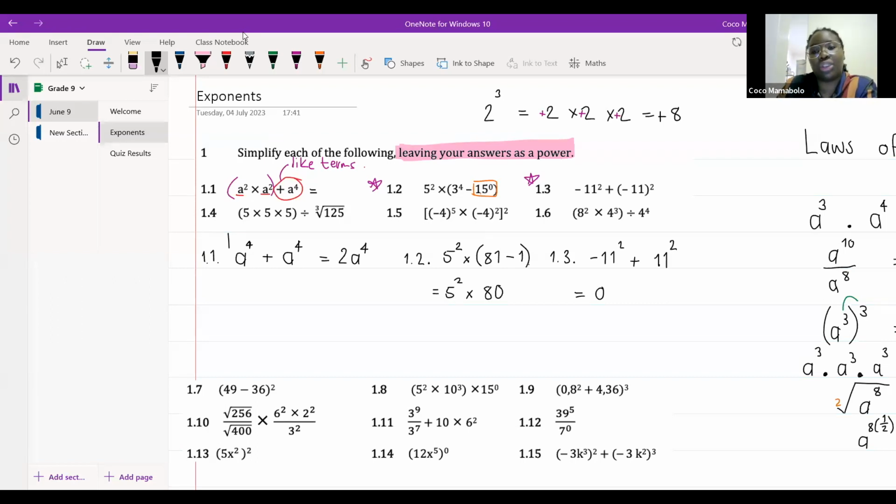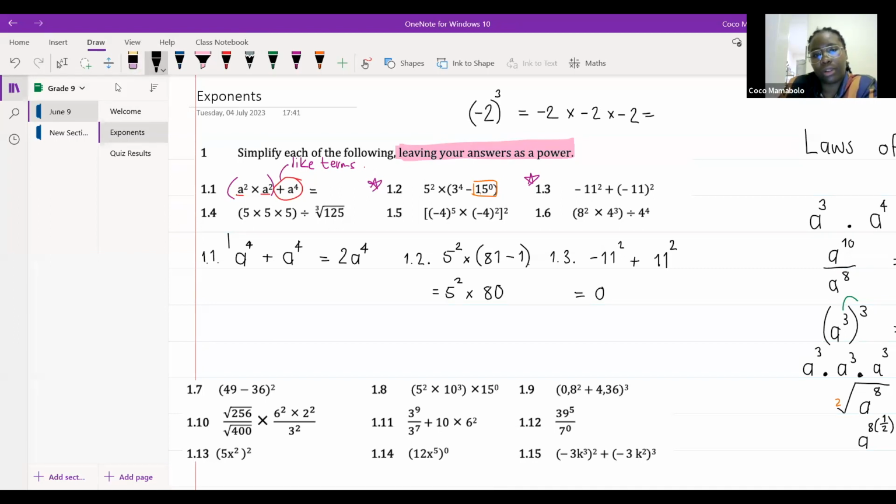Now, if I say to you guys, I have now got negative 2 all cubed, what this actually means is I have negative 2 times negative 2 times negative 2. Slindile, can you explain what's going to happen with these negatives?